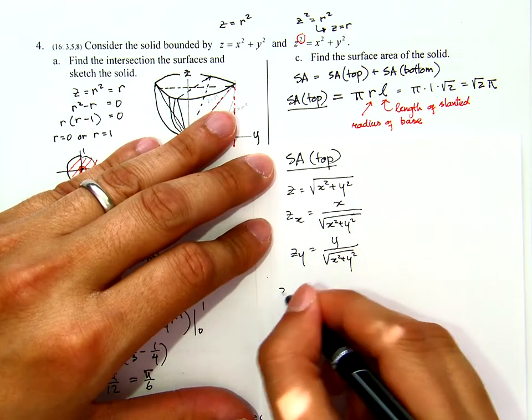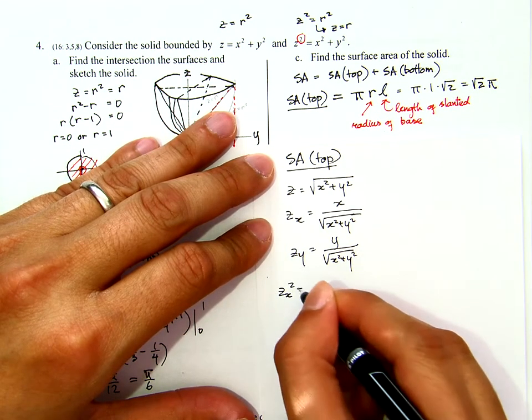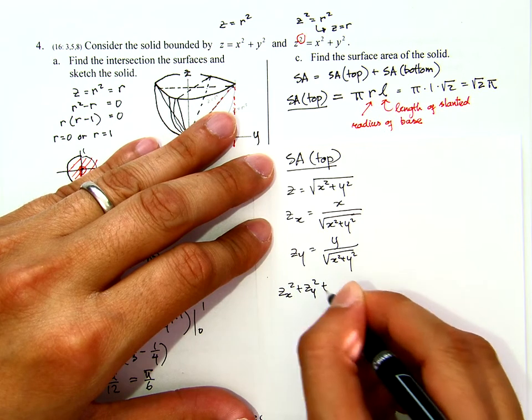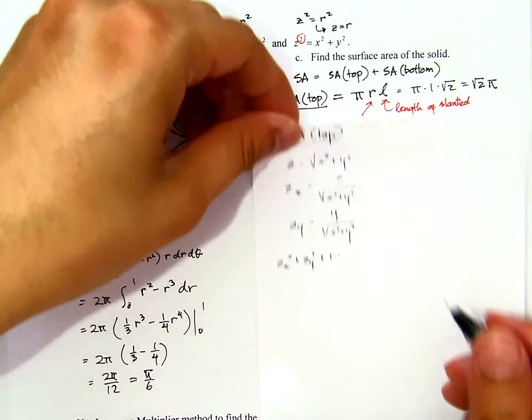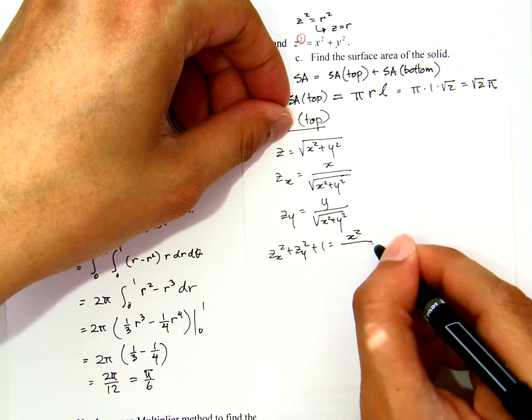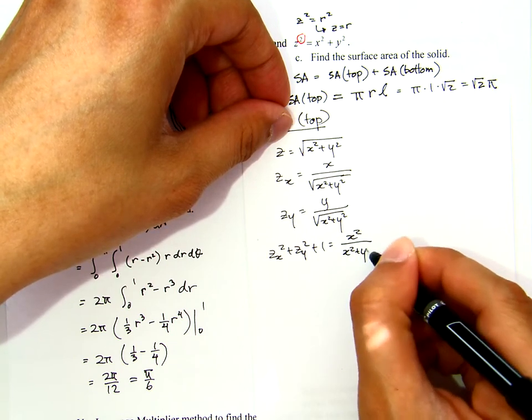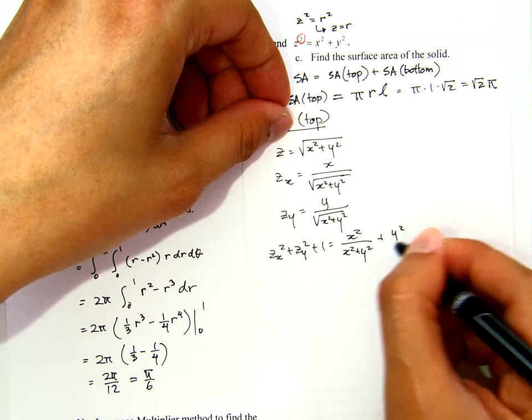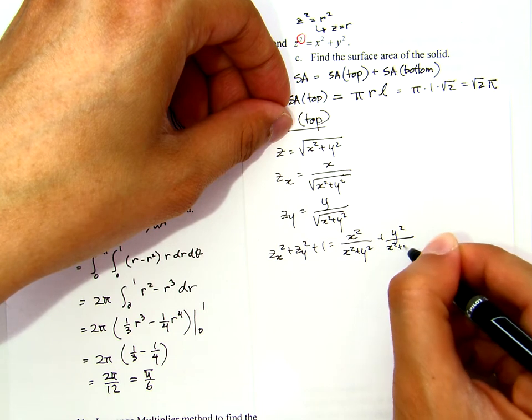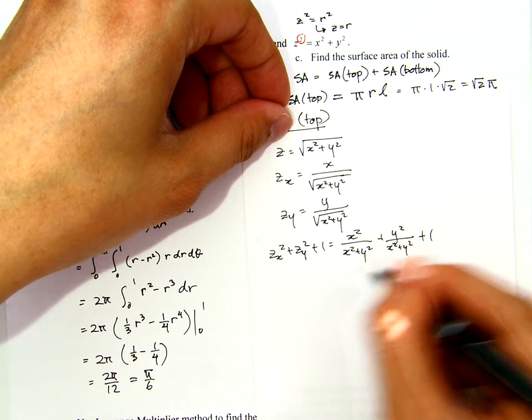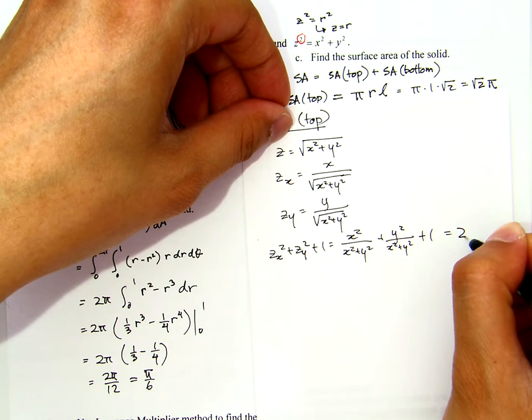Okay, such that z sub x squared plus z sub y squared plus 1 equals x squared over x squared plus y squared plus y squared over x squared plus y squared plus 1, that is equal to 2, right?